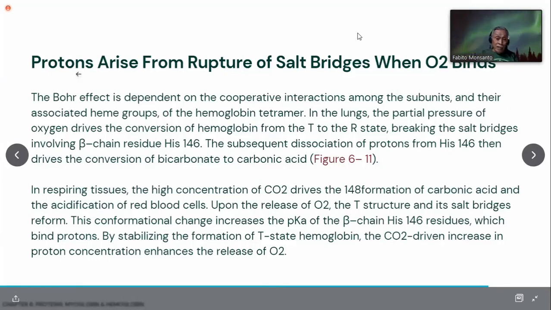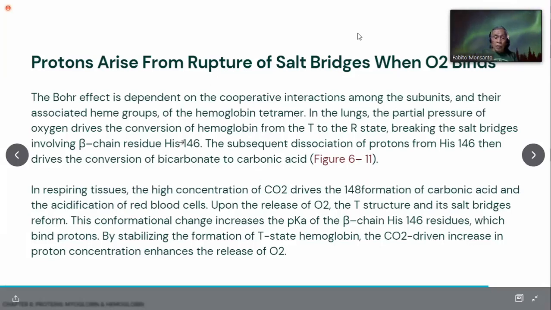The protons are released after rupture of salt bridges. The Bohr effect is dependent on the cooperative interactions among the subunits. That is cooperative binding, associated with the heme groups of the hemoglobin.